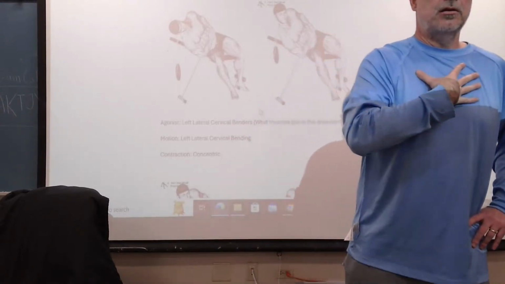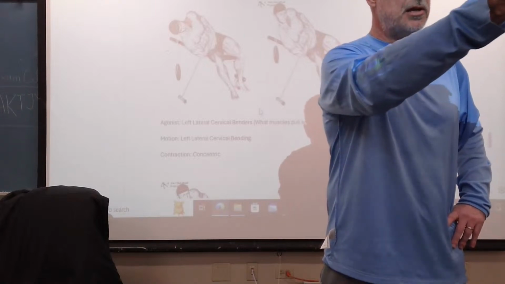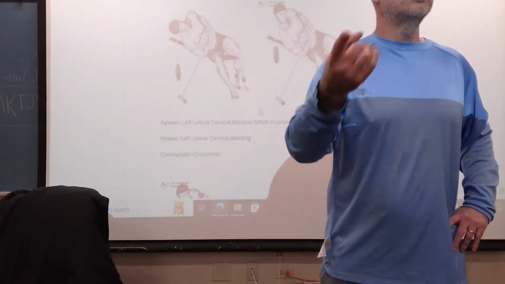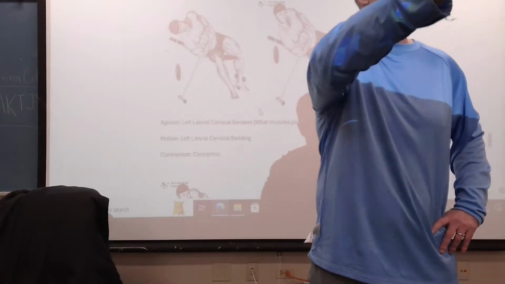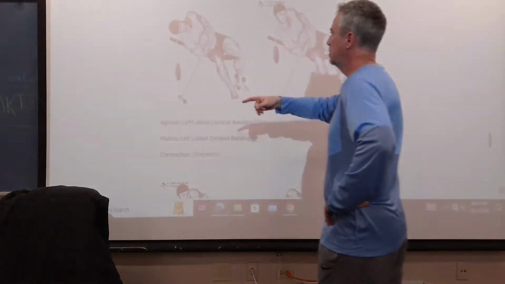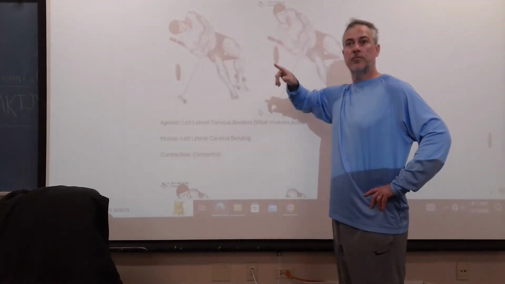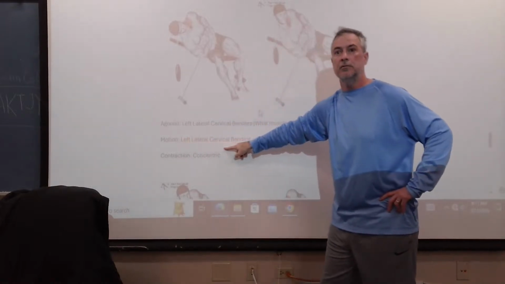I see it with agonist, but that doesn't mean you have to see it with agonist. Remember, we're just solving a simple equation. Some of you may see motion first, and that's okay. Watch what would happen if we go with motion first. Here to there, left lateral cervical bending. True? Well, that's just motion, so I'll fill that in.